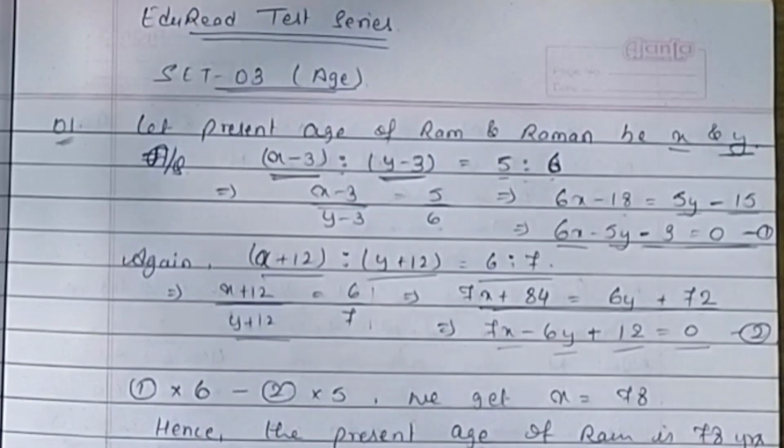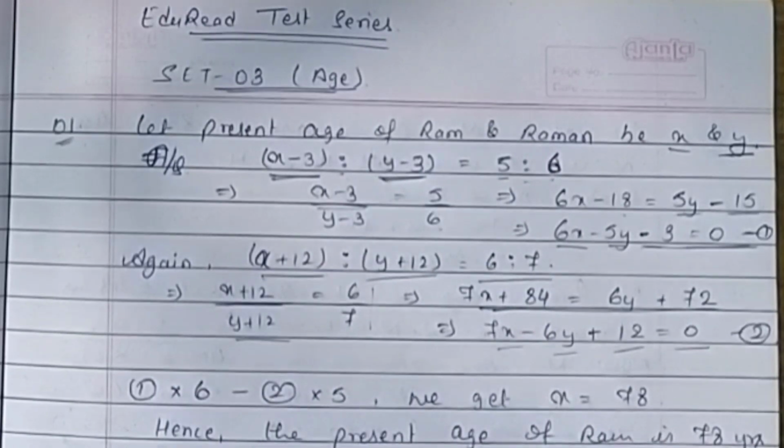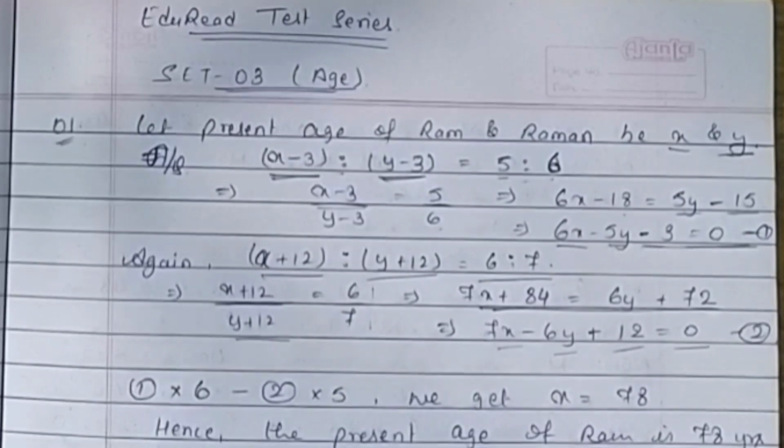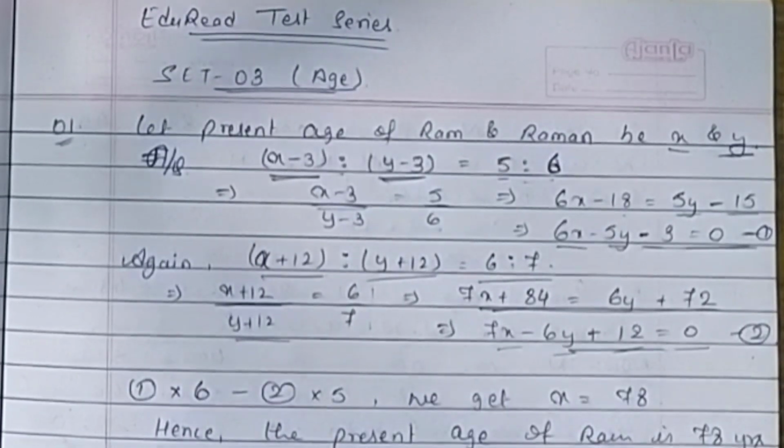Now we have two equations. The first one is 6x minus 5y minus 3 equals 0, and the second equation is 7x minus 6y plus 12 equals 0. If we solve these two equations, we can find the value of x, and after finding the value of x, we can easily find the present ages of Ram and Raman.